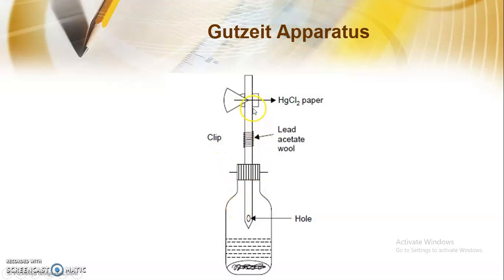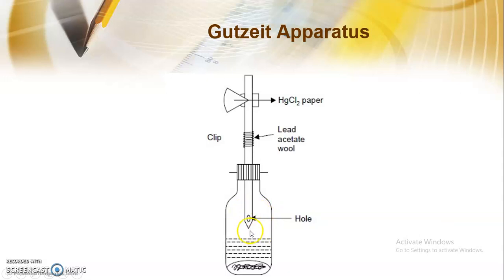Now this tube is about 200 mm, or you can say 20 centimeters, in length. Up to this point the tube has an internal diameter of 5 millimeters. At the other end the internal diameter is less.